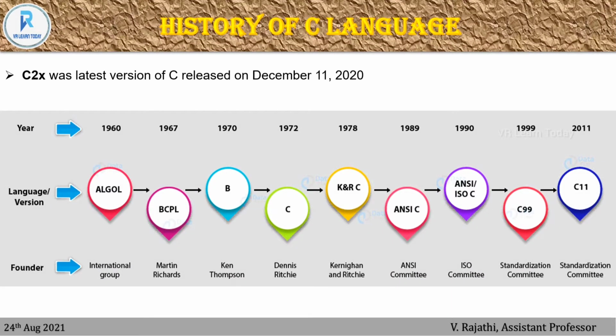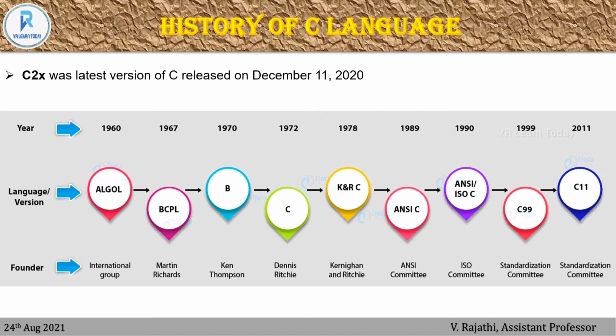Before we learn a language, first we have to know the history of that language. So these are the years, these are the language versions and this is the founder name. In 1960, Algol was created by an international group, and Martin Richards created the BCPL language in 1967.